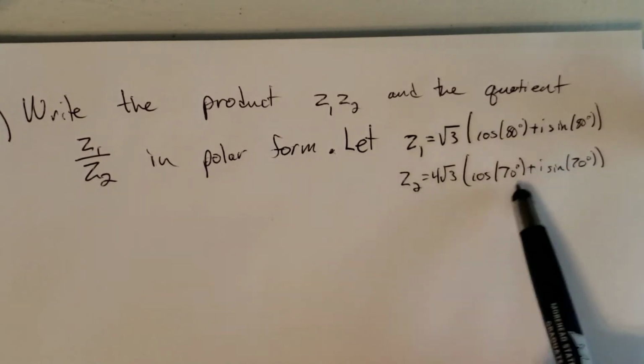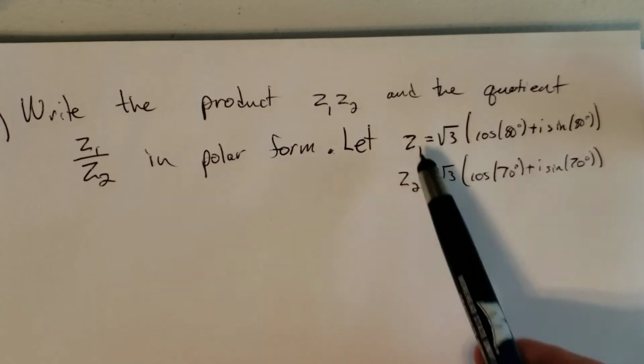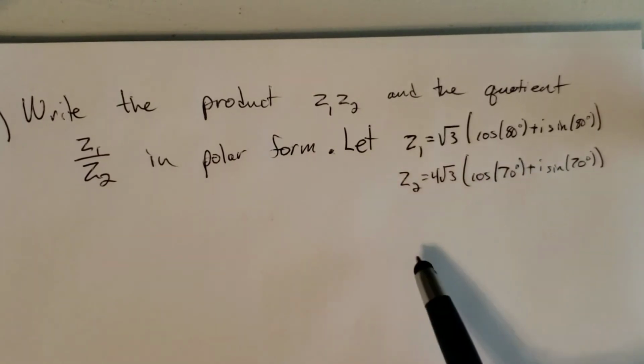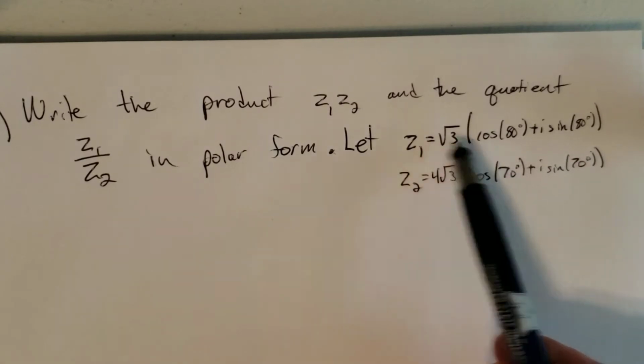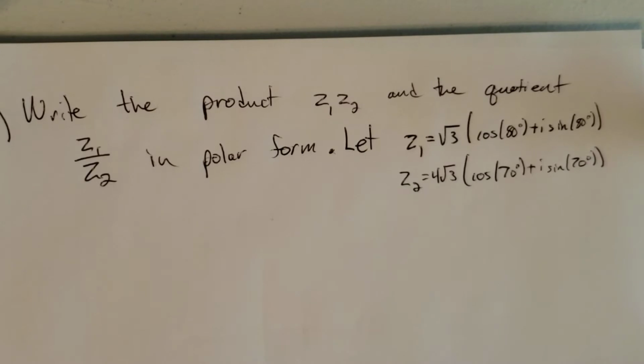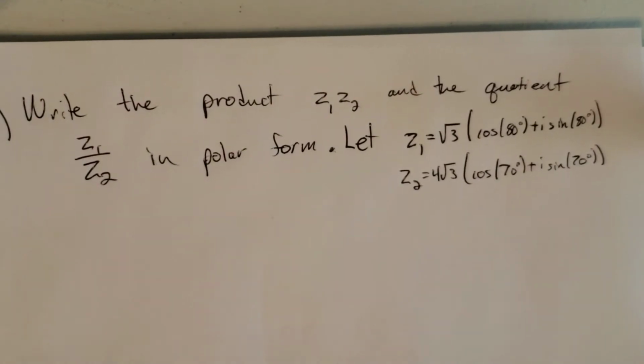So as we have just seen, we can write complex numbers in polar form like this. So if we have two complex numbers and we need to multiply them and they're already in polar form, we can see how to do that here with this problem.